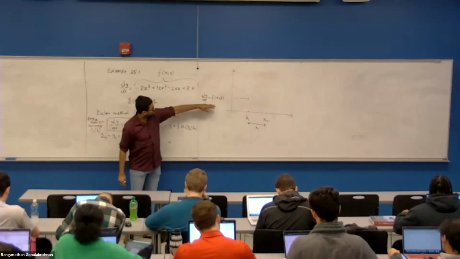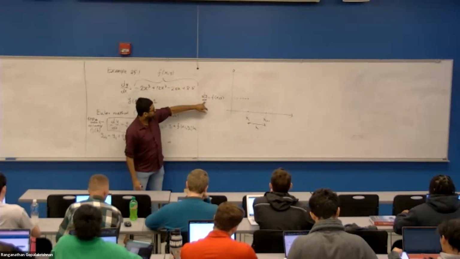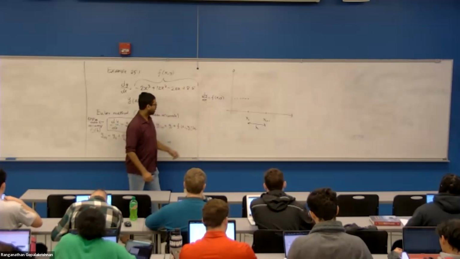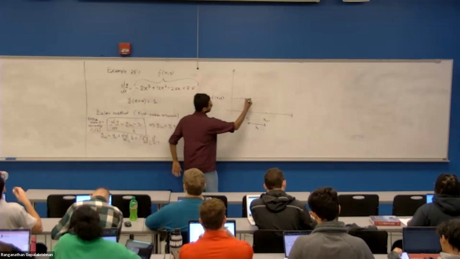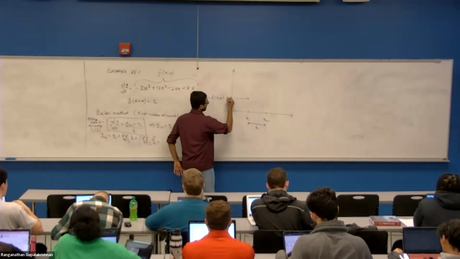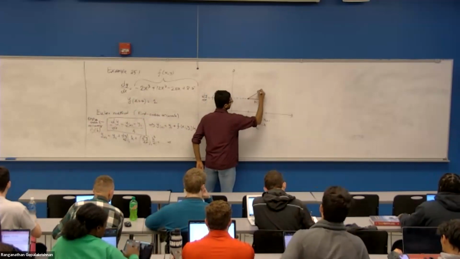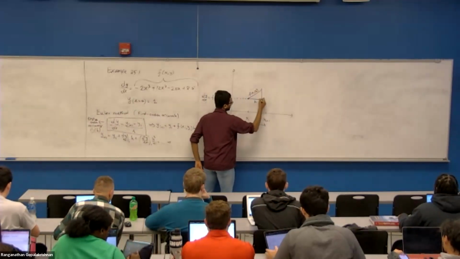If you read this equation literally, what are we saying? We are saying the slope at any point follows this function. So what we did was to take the current value, that is, we take this point, which is yi, and then calculated the slope, which is f of xi yi, and then multiplied that by h.